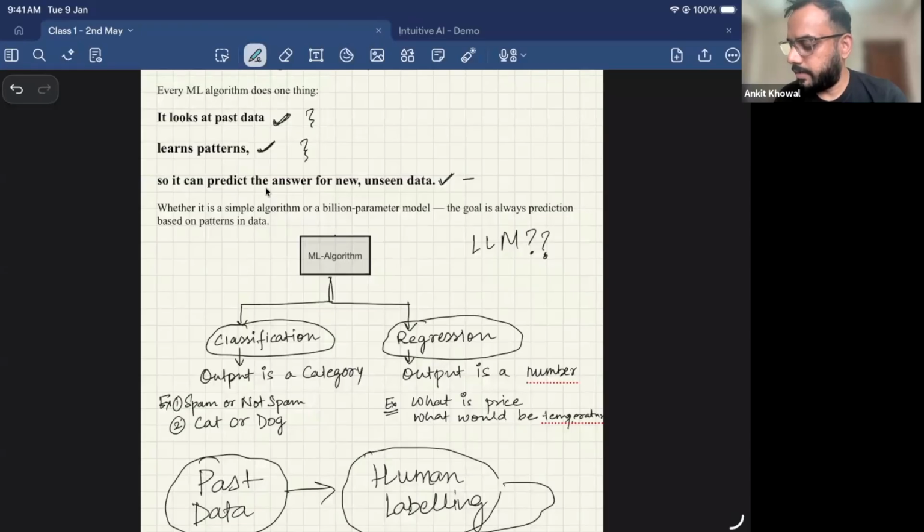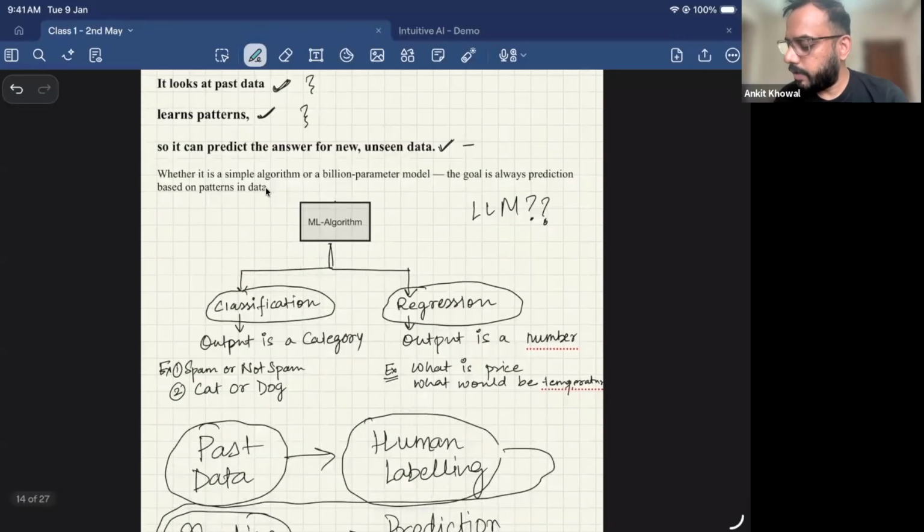What is classification? You can think of it as: you give it an input set or input data, and it will classify it for you. Let's say you give it 100 pictures of cats and dogs and you train it on that data. Then if you give it an unknown picture, it will classify whether it's a cat or a dog.